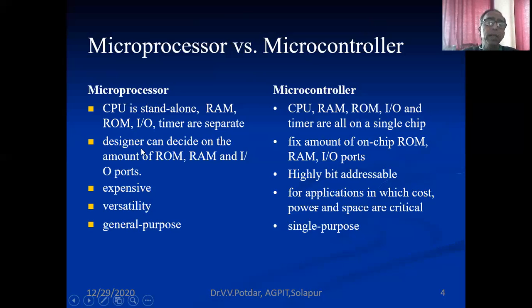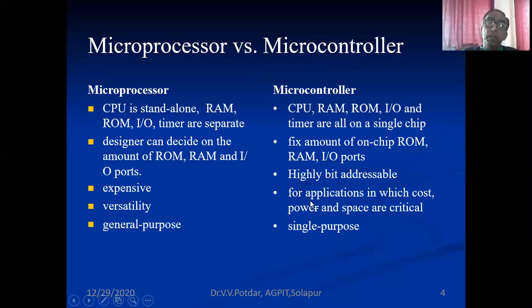In a microprocessor, the designer can decide on the amount of ROM, RAM, and input-output ports. So this flexibility is there in a microprocessor. Whereas microcontrollers are dedicated chips for a particular application, and those are easily used. They have a fixed amount of on-chip ROM, on-chip RAM, and input-output ports. Microprocessors are a bit expensive.